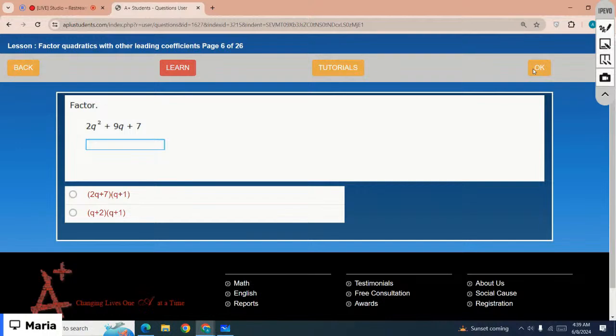The next one: option number 1 is the correct option. 2q plus 7 and q plus 1 is the correct option.